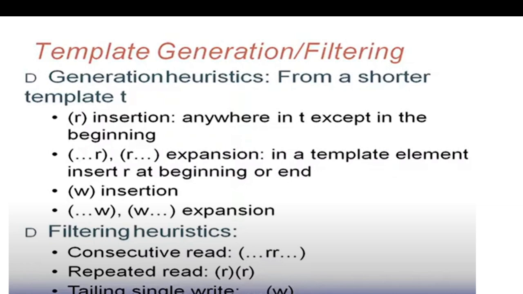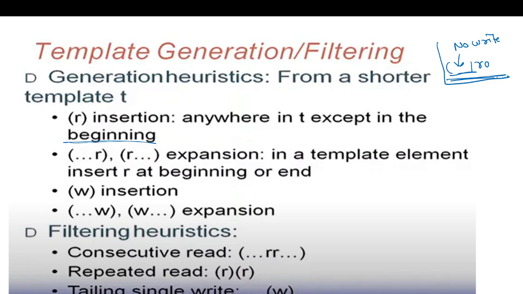So, template generation and filtering. Generate the heuristic from a shorter template T. R insertion is allowed everywhere in T except at the beginning. For example, if I insert a read 0 here in a memory cell, but I have not performed any write, will this be useful?